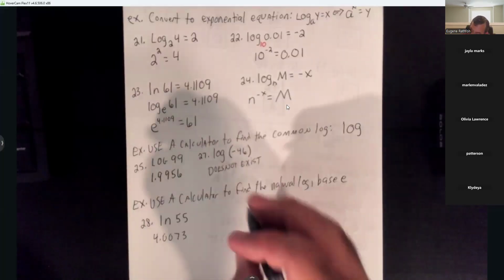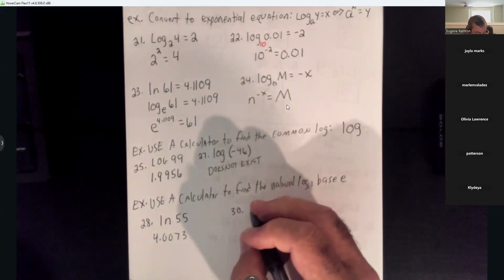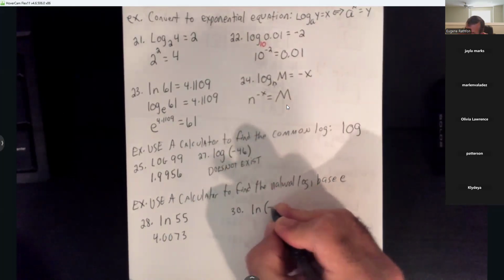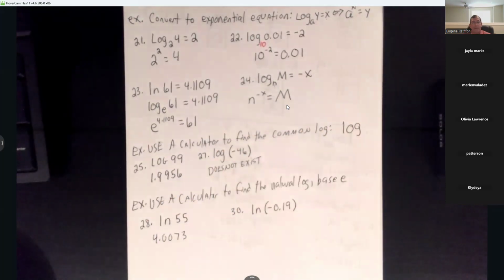All right, y'all, then the last one I'm going to do like number 30 here. See what y'all do here. Ln of negative 0.19. So y'all got an LN, punch that one in and see what you get.